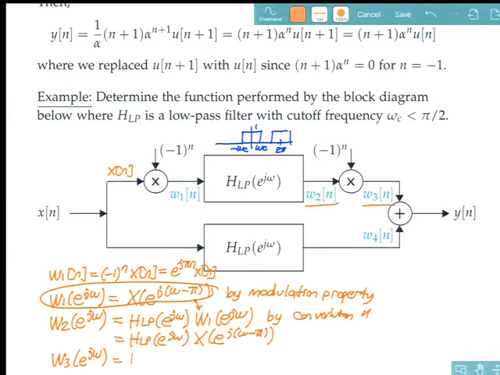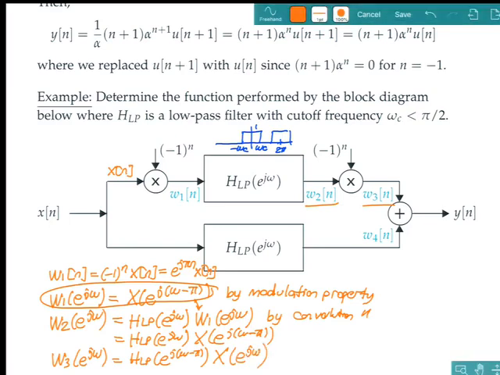So you're going to get HLP e to the j omega minus pi. And then do the same thing to x. What do you get when you do the same thing to x? You recover x, right? Because it's periodic. Omega minus 2 pi is the same as omega, right? E to the j omega.